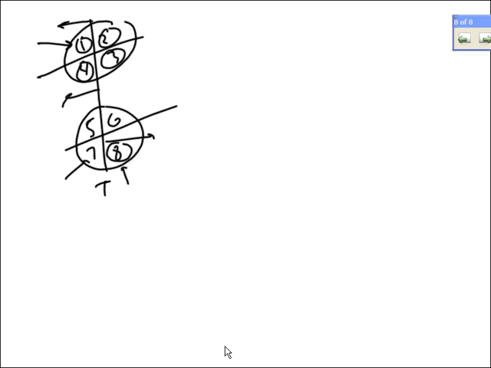Okay. The next and last thing we're going to talk about will be concerning these angles, if the two lines that are cut by the transversal are in fact parallel.